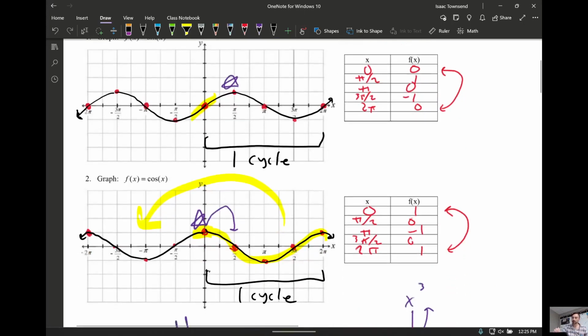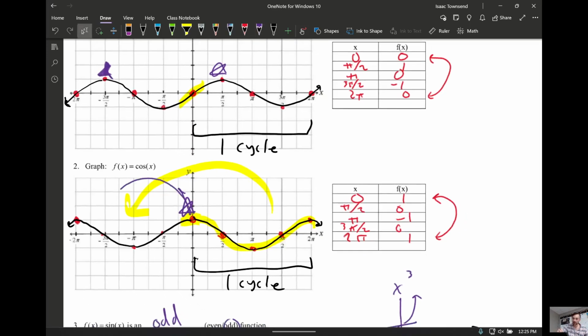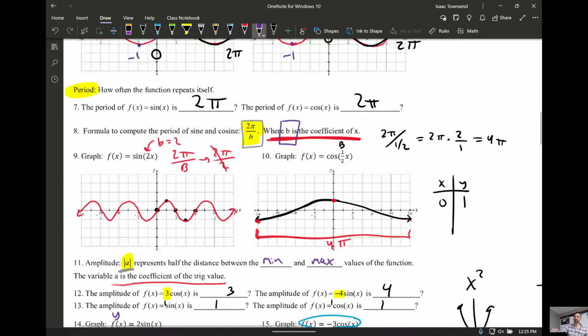It's just that to go left, if I took this point and tried to match it up to this point, I would need it to go this distance. So if you go left, you would have to go left 3 pi over 2.